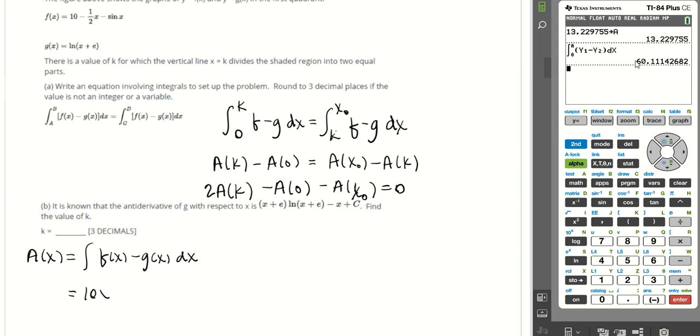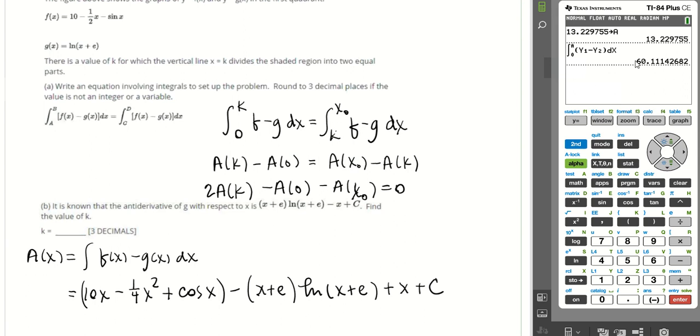That's going to be 10x minus 1/4 x squared plus cosine x. That's the antiderivative for f. Minus, well, they gave me the antiderivative for g, and that's going to be x plus e log of x plus e. And then minus x, but I'm subtracting this, so it'll end up being a plus x. And then plus c, right?